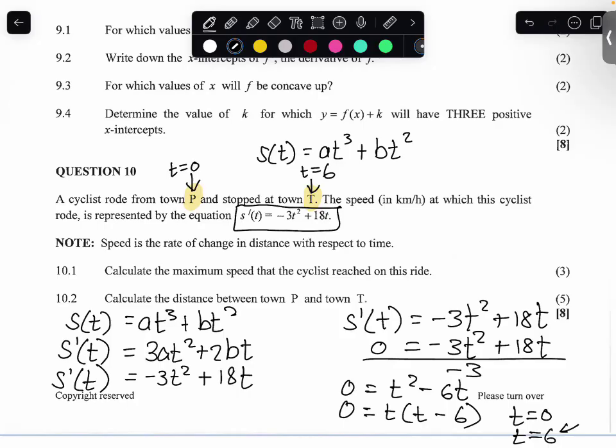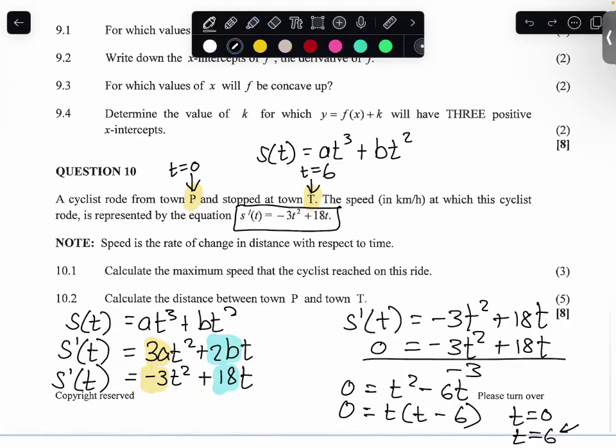So if this is the derivative and this is the derivative, then that must mean that this part before the t squared and this part before the t squared must be equal. And this part before the t and this part before the t must be equal, right? Because they're both S prime t.